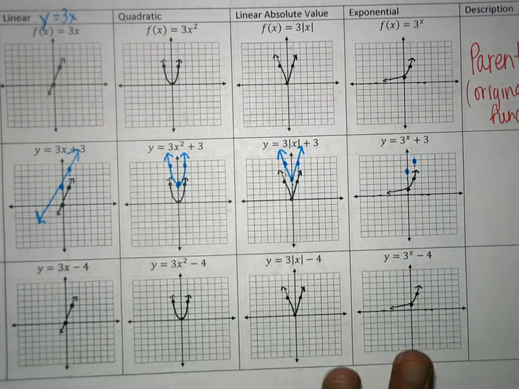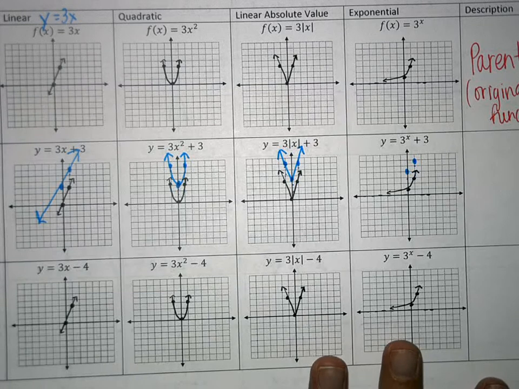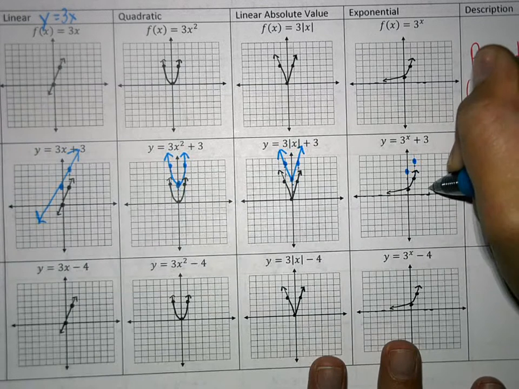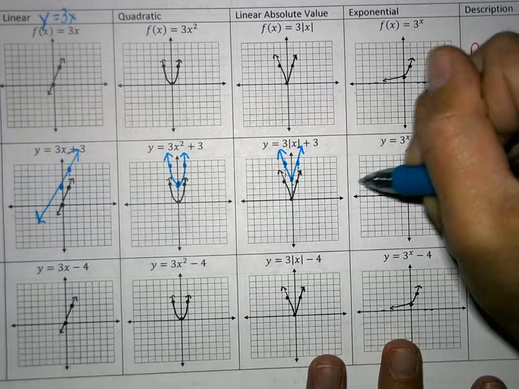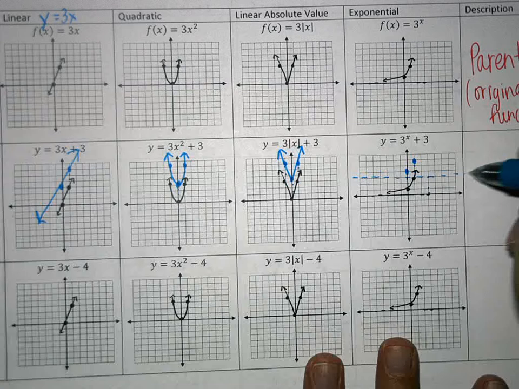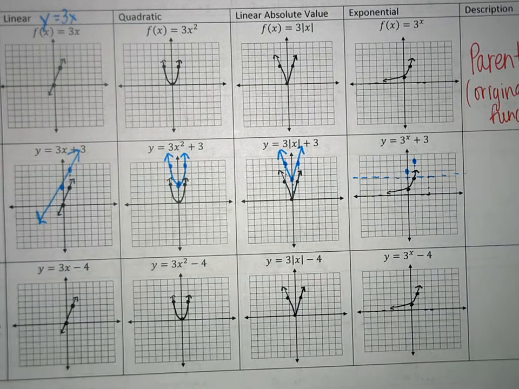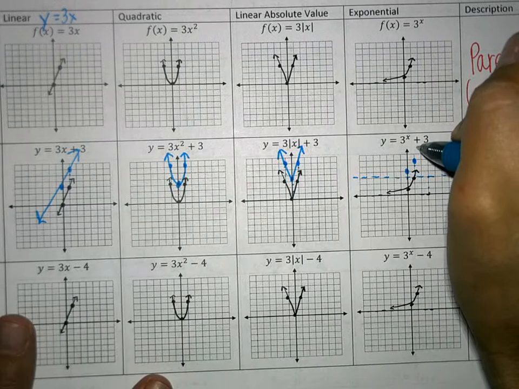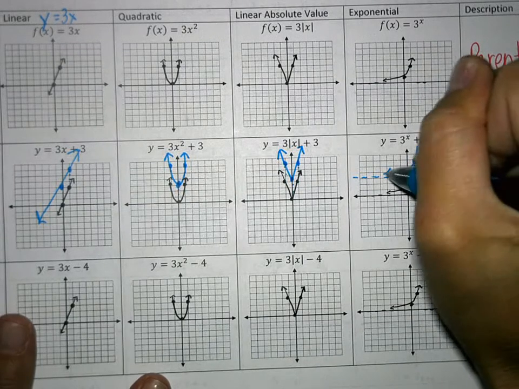And so right now, where is my asymptote at on this graph? 0. And so we're going to move that up 1, 2, 3. And so we need to make an asymptote right there. And asymptotes are dotted lines because they're not actually a line. It's just letting you know there's a boundary there so that this graph cannot cross that line.